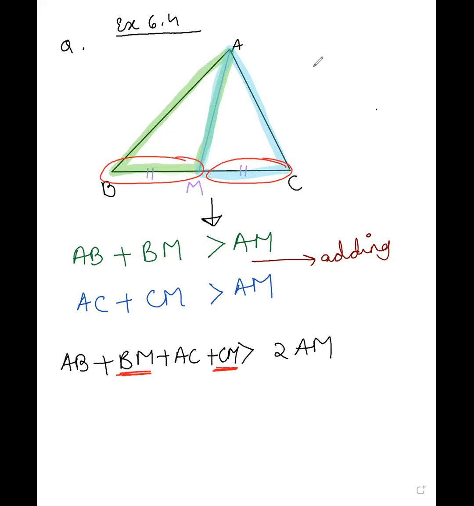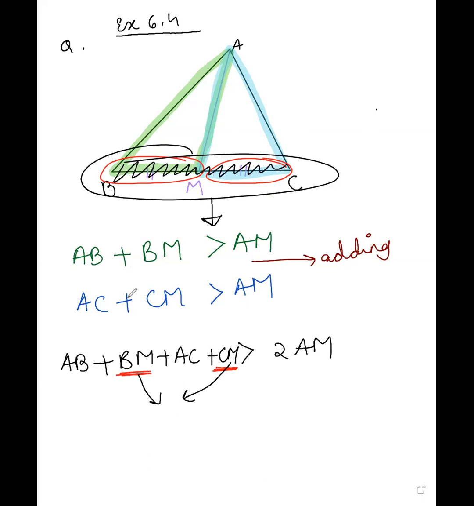Did you understand what we have done? We did BM plus CM, and BM plus CM gives you BC. We are remaining with this last thing, which is AC, or instead of AC you can write it as CA.